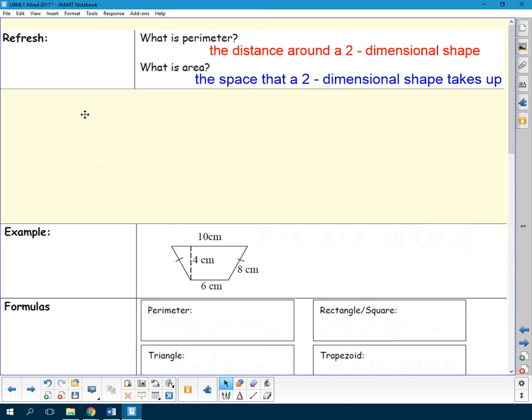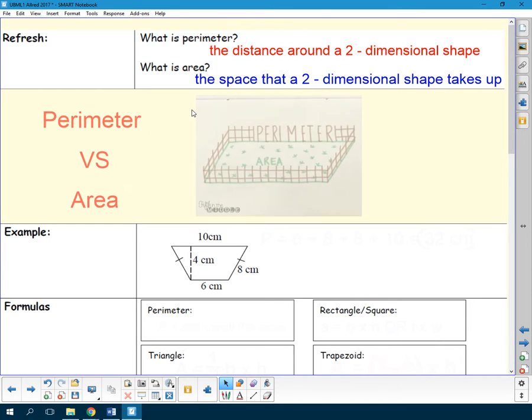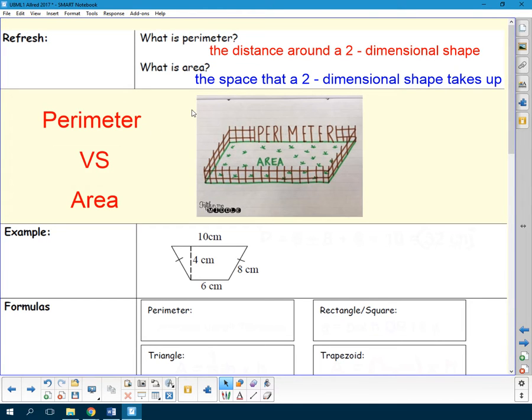You might have room to sketch this, maybe you don't. But a lovely way to think about perimeter and area is thinking about a backyard or a garden, or anytime you put a fence down on some grass. The perimeter would be more like the fence because it's the distance around that garden or that backyard. The area would be the amount of grass that takes up the yard itself.